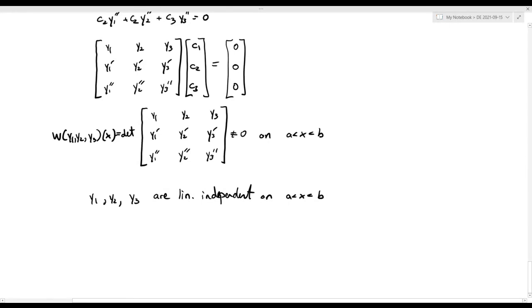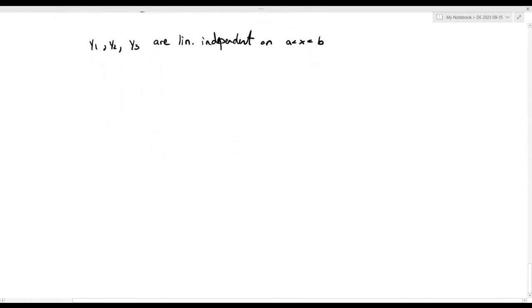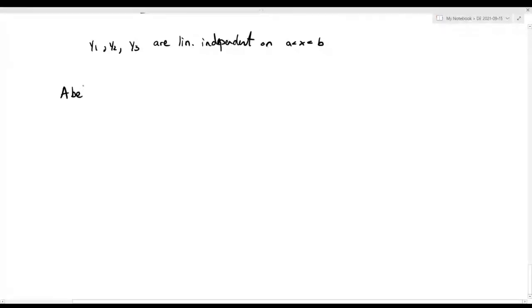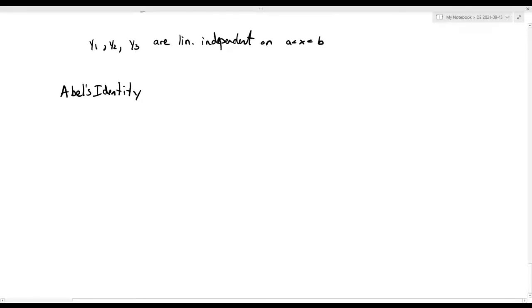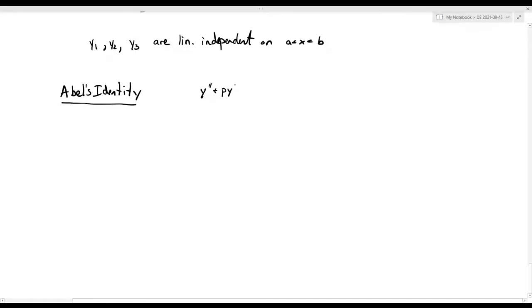So the related idea or identity to using the Wronskian is called Abel's theorem, or identity. Here we would have a second order linear differential equation that's homogeneous.